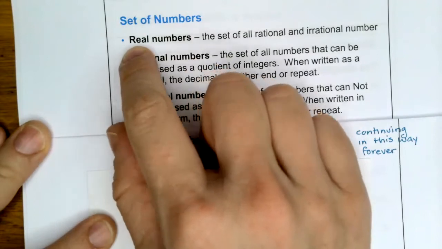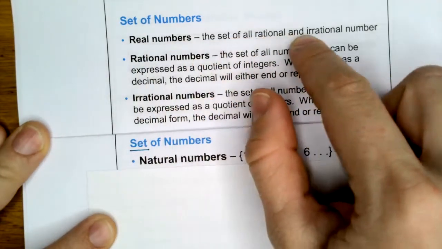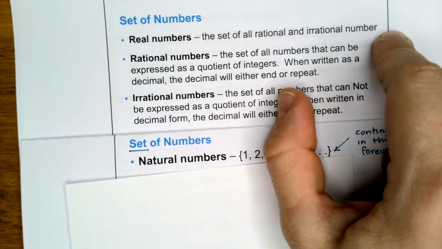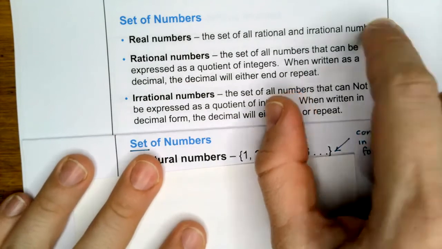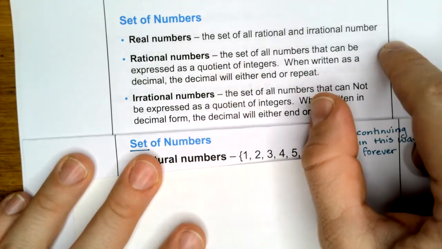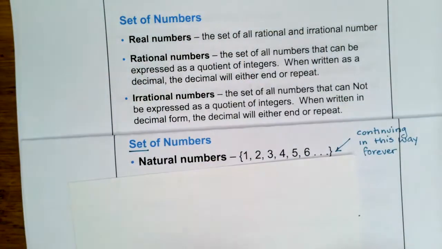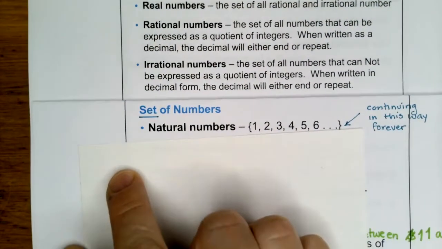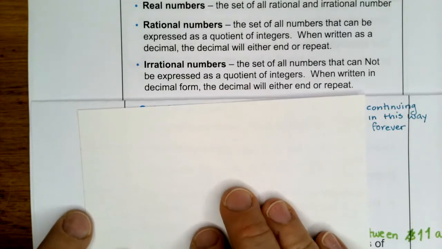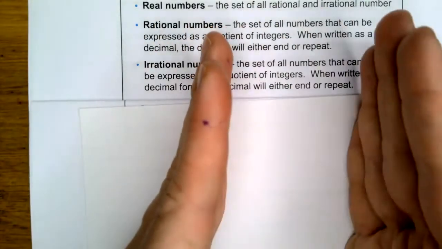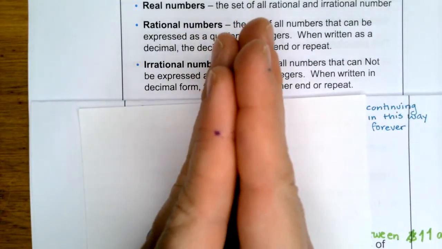So real numbers, the set of all rational and irrational numbers. If you had a number line, anything you put on that number line is a real number. Any number you can imagine. All numbers are real numbers, okay? And then we're going to split those real numbers into rational numbers and irrational numbers, okay?